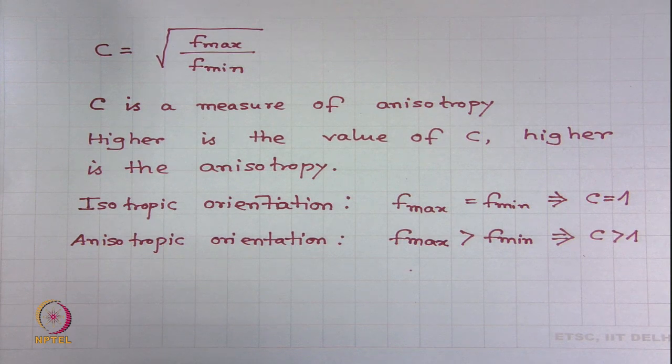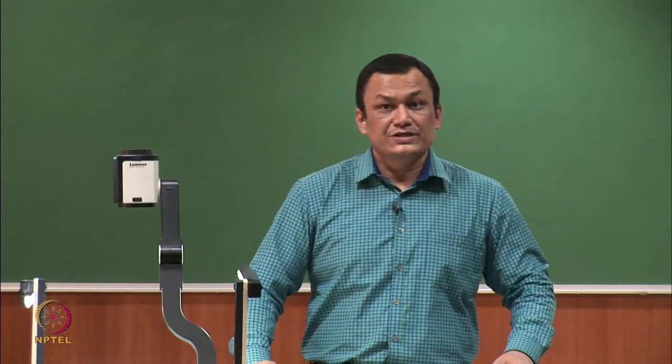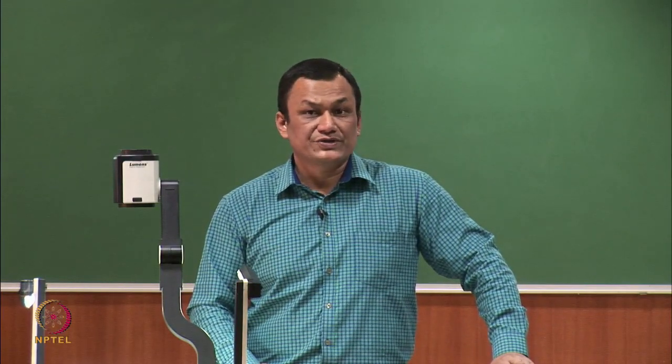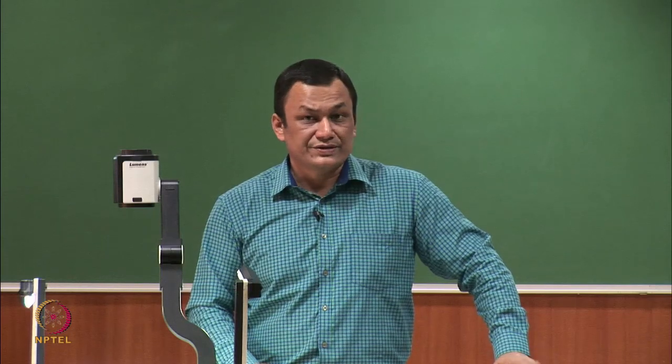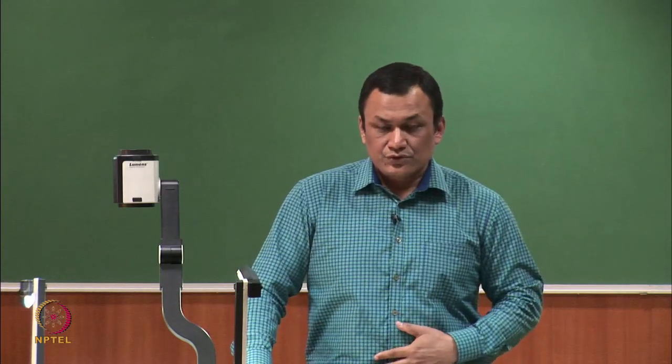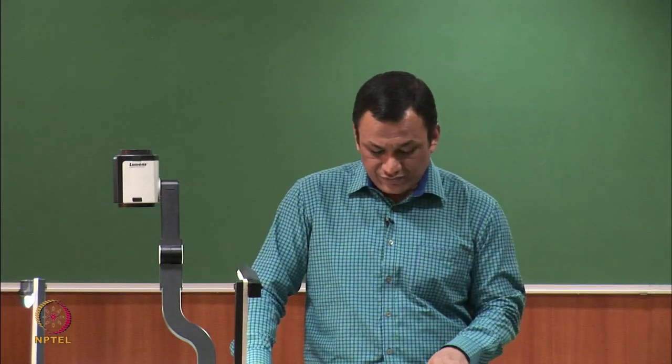Theoretically, C can be infinity. So, the minimum value of C is 1 and the maximum theoretical value of C tends to infinity. So, it lies from 1 to infinity.